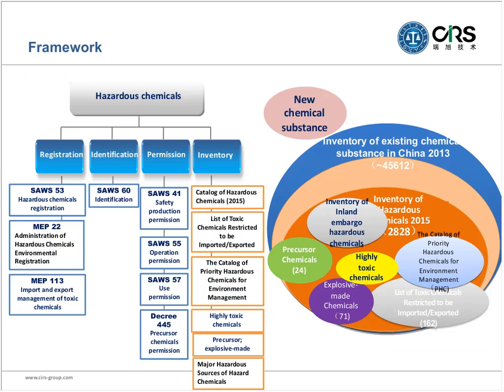Regarding hazardous chemical registration, we already talked a lot in our last webinar. The administration of hazardous chemicals environmental registration was actually published in 2015. So today, first, I will talk about the import and export management of toxic chemicals.